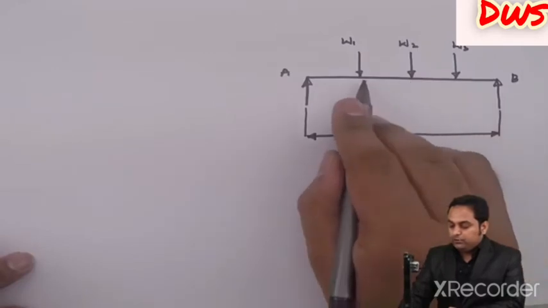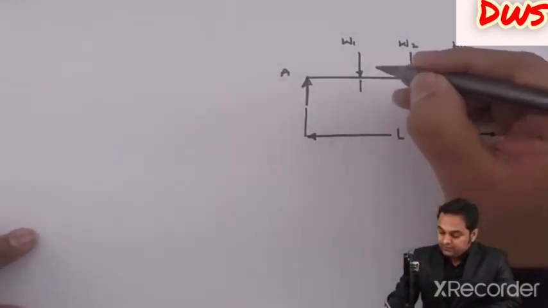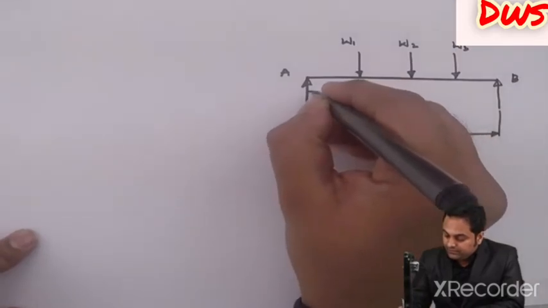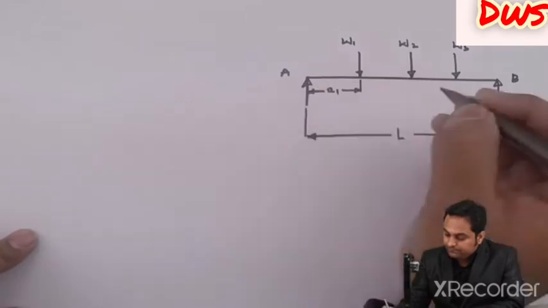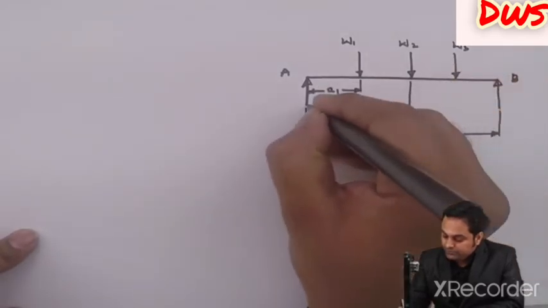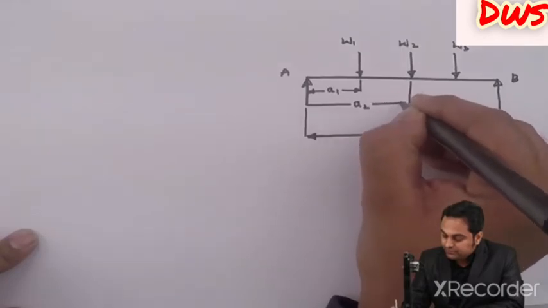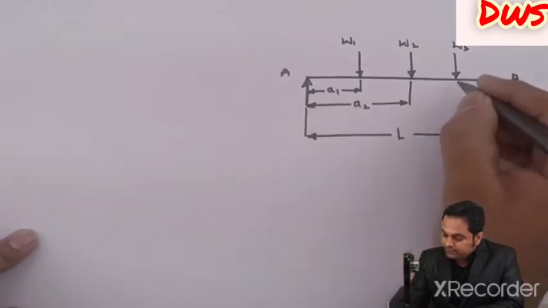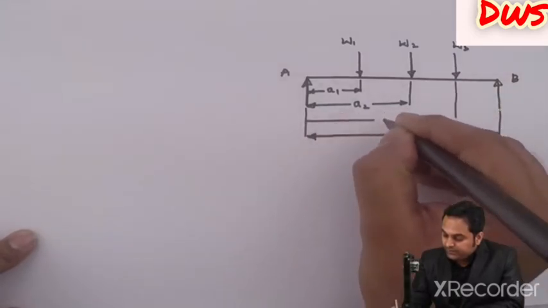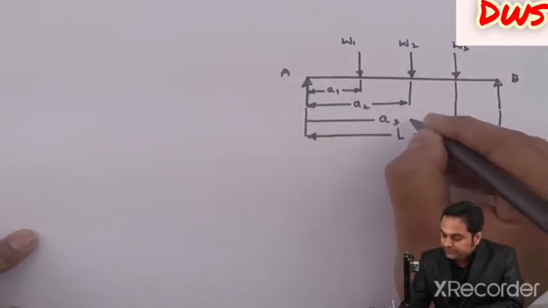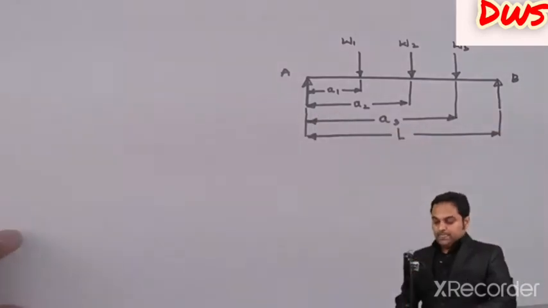All three are point loads as we can see here. Next, the distances of the loads: W1 is located at distance A1 from the left support, W2 is located at distance A2 from the left hand support, and W3 is located at distance A3 from the left hand support.